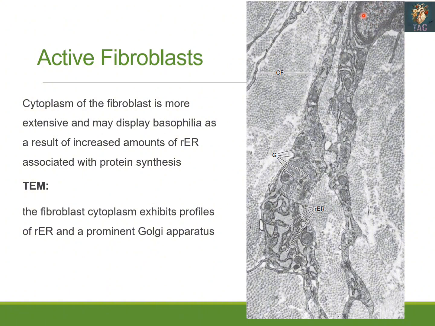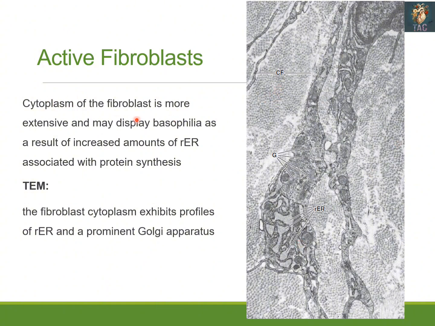Here you can see the nucleus of the fibroblast cell, and in this area you can see a large number of large profiles of the Golgi apparatus as well as the rough endoplasmic reticulum. On the sides you can see the cross section of the collagen fibers.